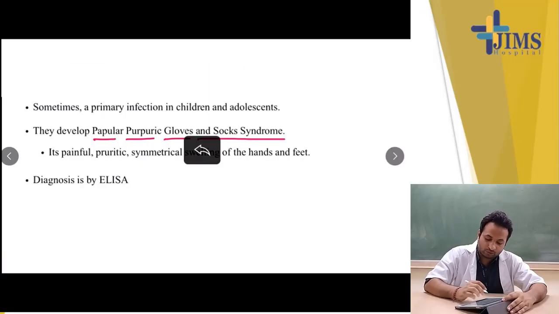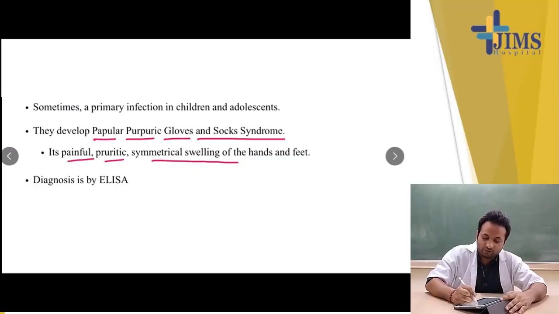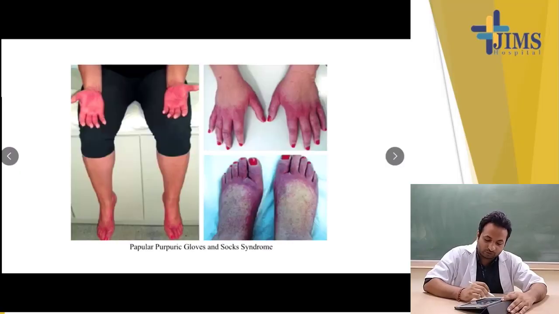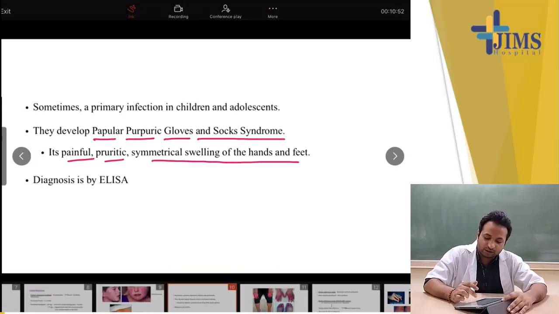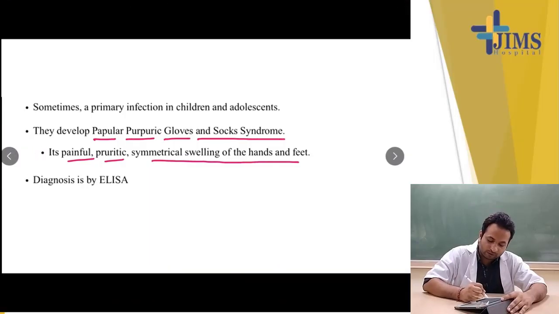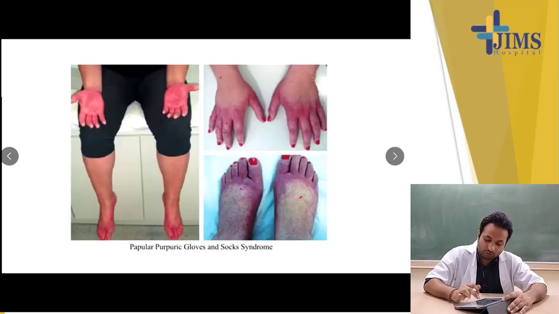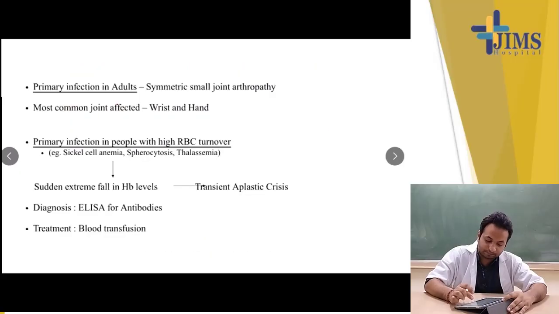In it you will get painful, pruritic, symmetric swelling of hands and feet, which is known as papular purpuric gloves and socks syndrome. Diagnosis is again the same as fifth disease, by ELISA. Purpura is also seen here.